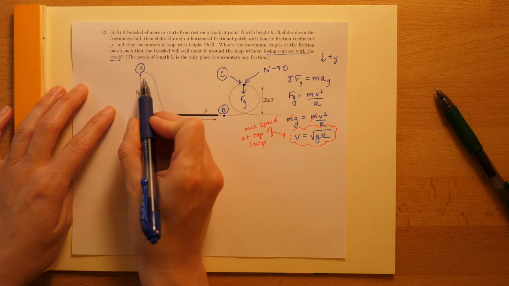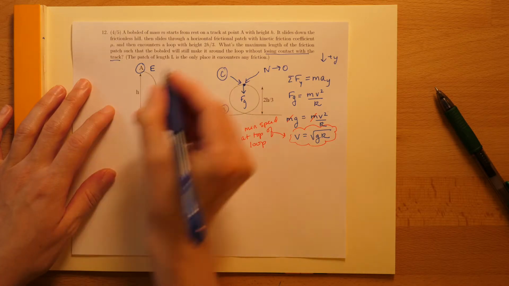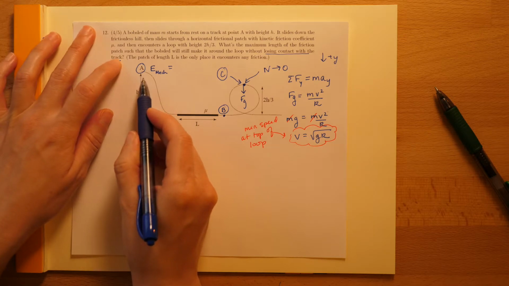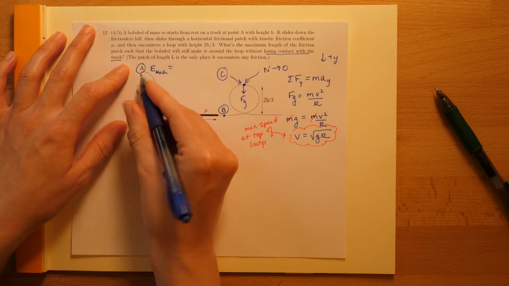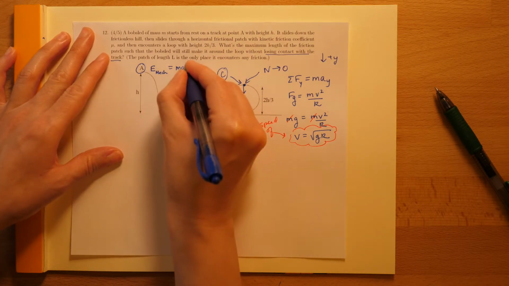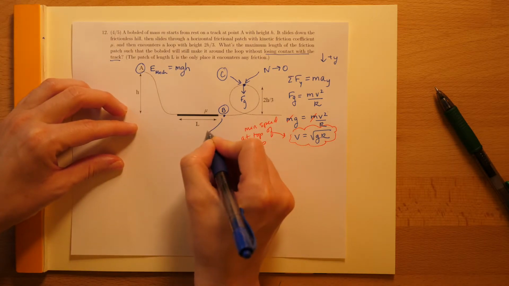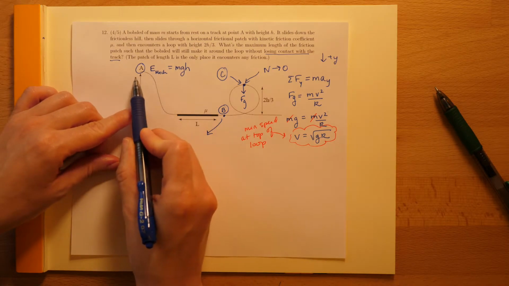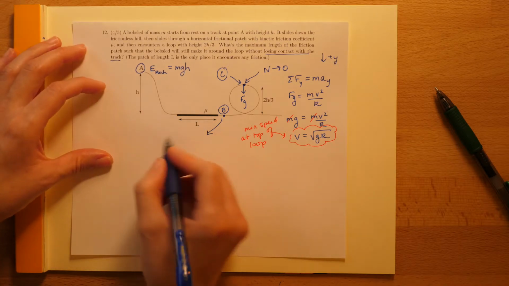So at point A, the mechanical energy in the system, E-mech, is going to be all potential energy because it's starting from rest. So the potential energy at point A is mg times this height. So how much mechanical energy is at point B? It has to be less than it was at A because some of the energy has gone into heat.